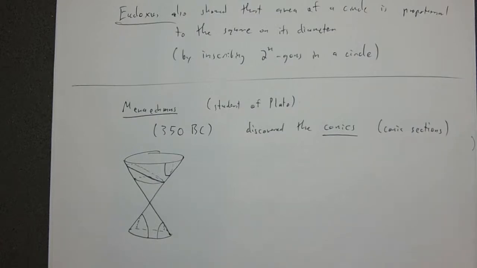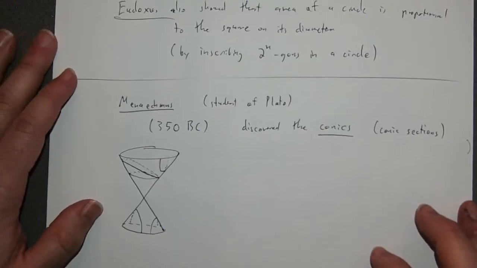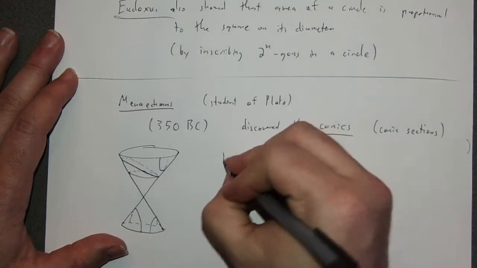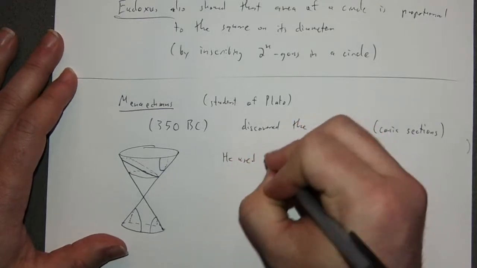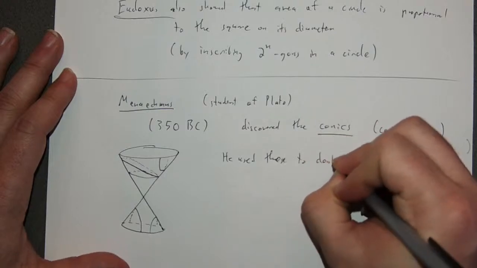Okay, and so ellipses, hyperbolas, parabolas, these curves were discovered by this student of Plato's. And basically, he used these to double the cube.